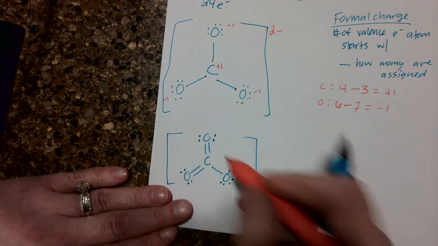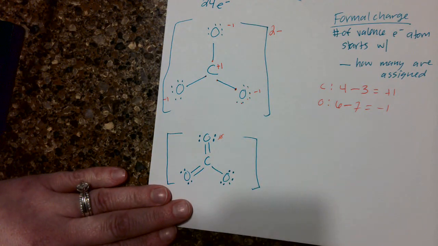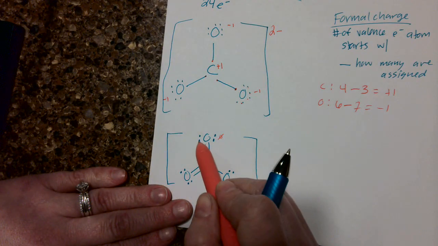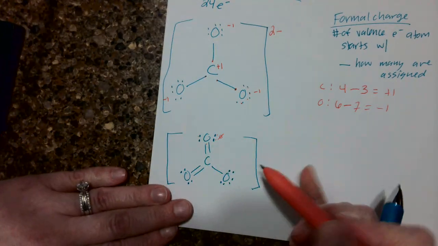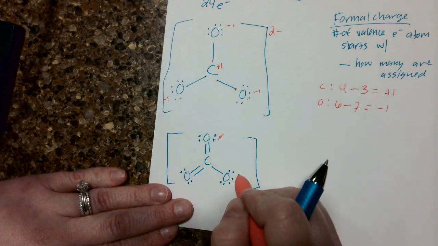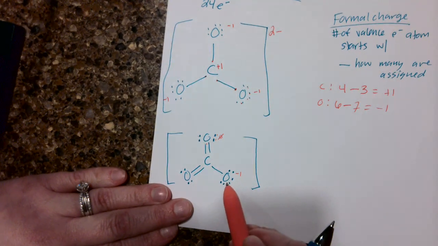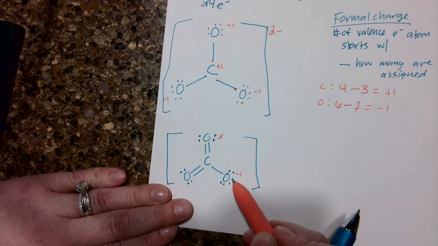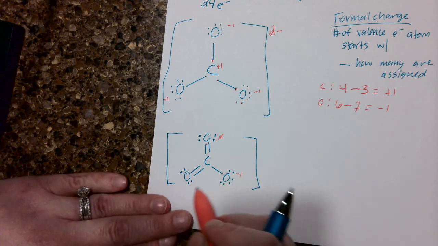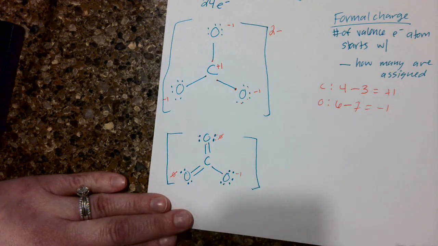Let's look at the formal charges. This is happy oxygen, right? 2 bonds, 2 lone pairs. He starts with 6. We are assigning him 1, 2, 3, 4, 5, 6. This oxygen down here has a formal charge of -1 because he starts with 6, but we're assigning him 1, 2, 3, 4, 5, 6, 7. This guy over here is neutral. What about carbon, though?